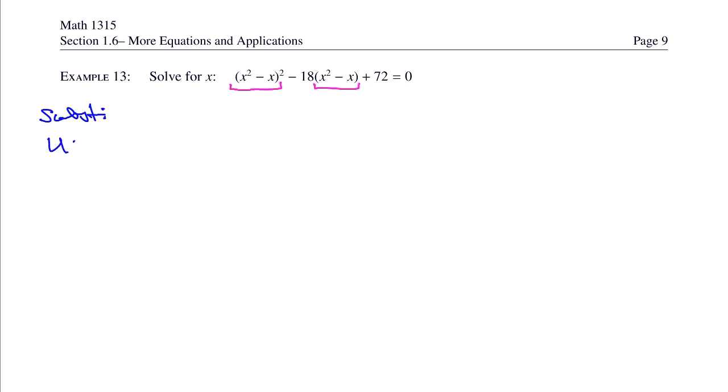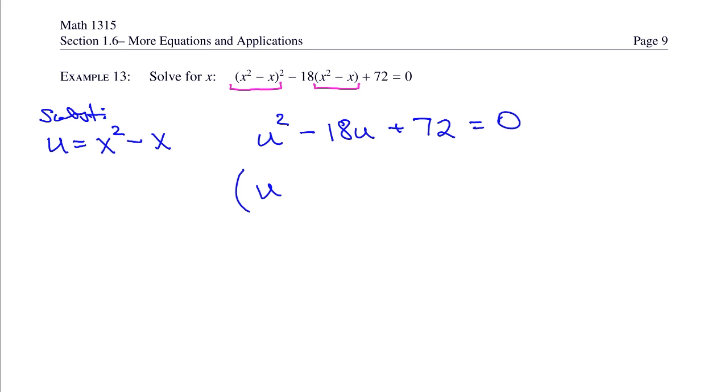And this time u is going to equal x squared minus x. When u is equal to x squared minus x, I can rewrite this equation as u squared minus 18u plus 72 equals 0. Again, this factors. So it's going to be u and u.